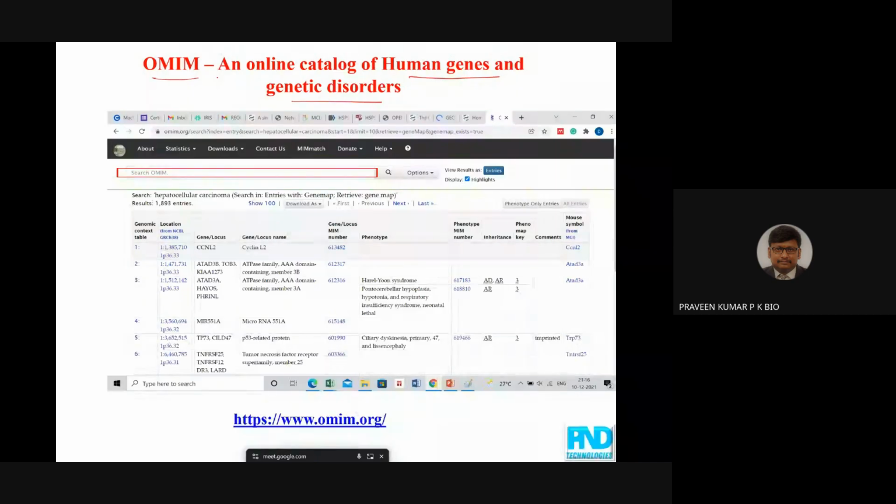OMIM stands for Online Mendelian Inheritance in Man. Here you can find what genes and what genetic disorder diseases information there is. You can search this information here, and for this you have the OMIM ID.